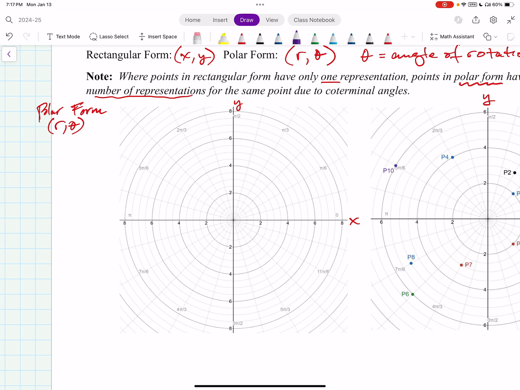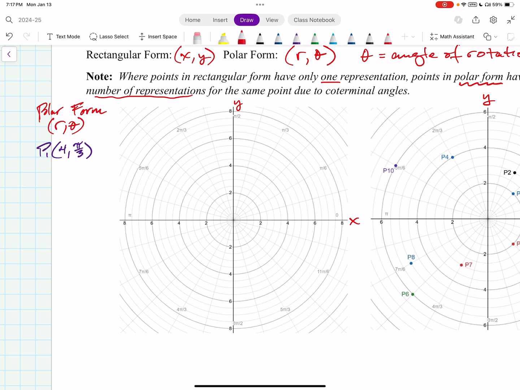So let's say our first point, called P1, is at 4 comma pi thirds. So what we want to do is understand that the radius is 4 and theta, the angle of rotation, is pi thirds. So I'm going to go out to the fourth concentric circle.